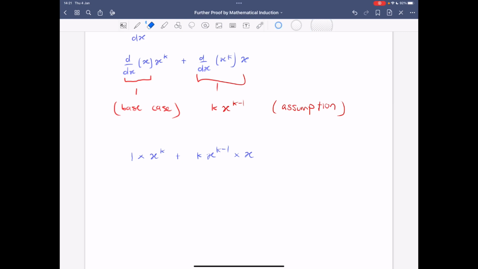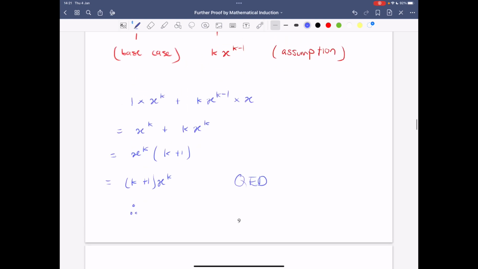So using our law of indices for the second thing, but first up for the first thing, that's x to the k, plus we can combine these two, k minus 1 plus 1 is x to the k. Factorising out an x to the k, we're left with k plus 1 x to the k, which is what we're required to prove, QED. Therefore, true by induction.